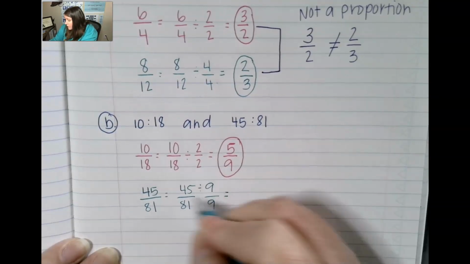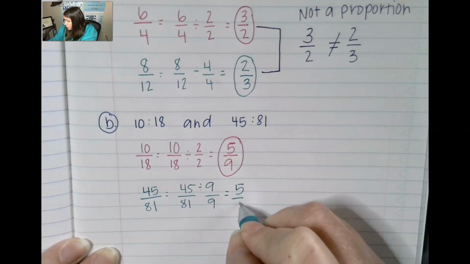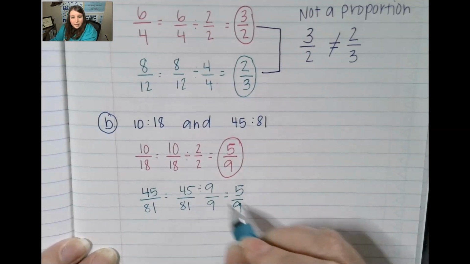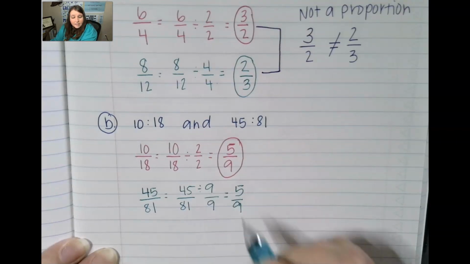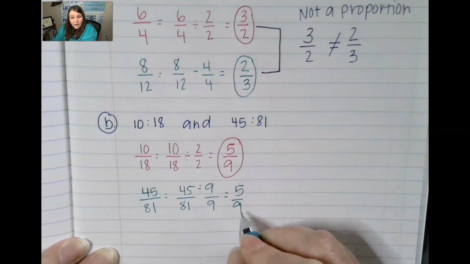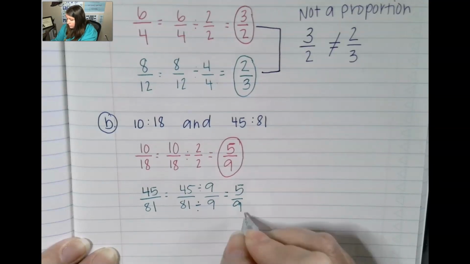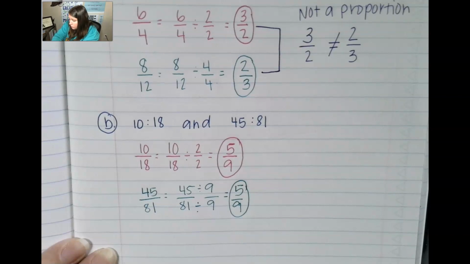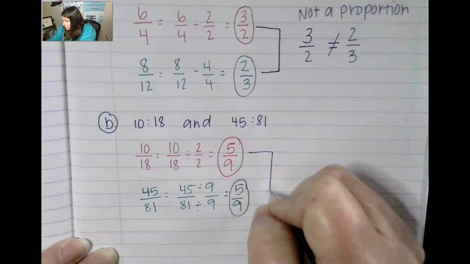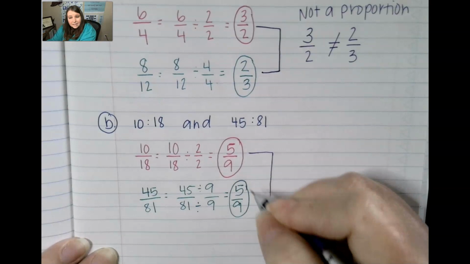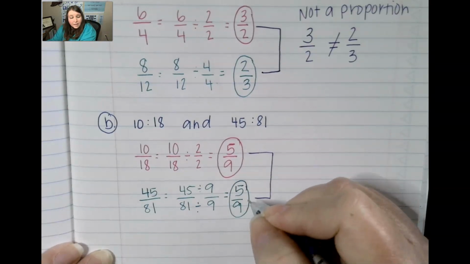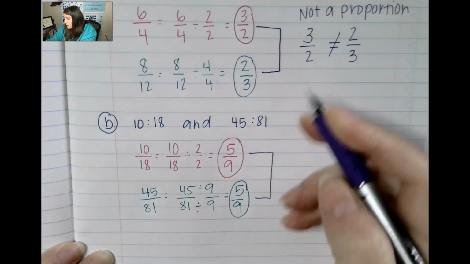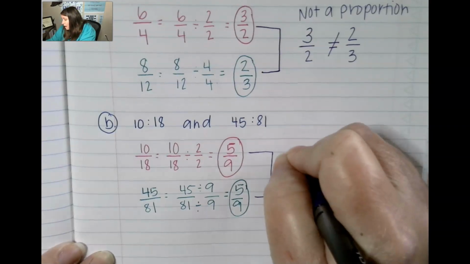That's going to give me 5 over 9, because 81 divided by 9 is 9, and 45 divided by 9 is 5. Now, when I look at these two values, 5/9 is equal to 5/9. So both of these reduce down to 5/9 as their value. So these ones are a proportion.